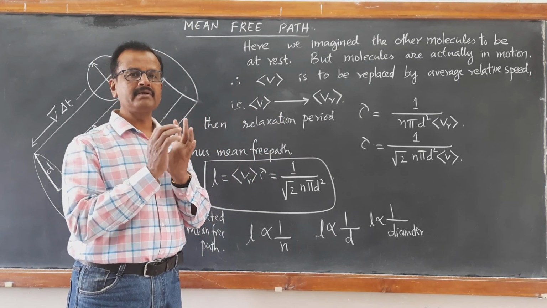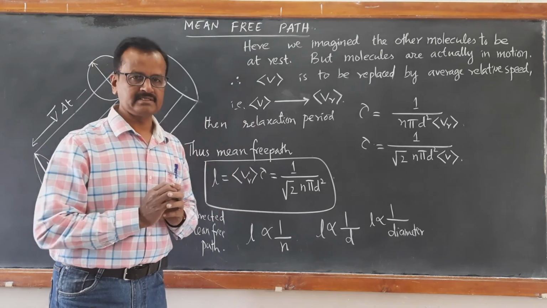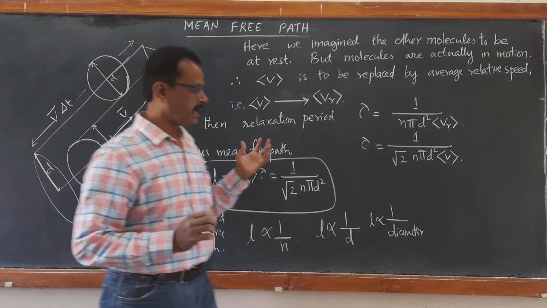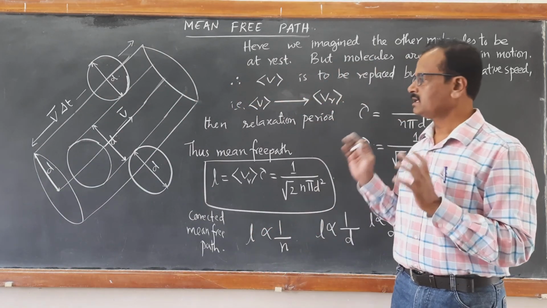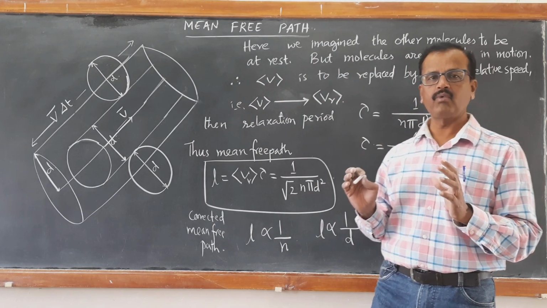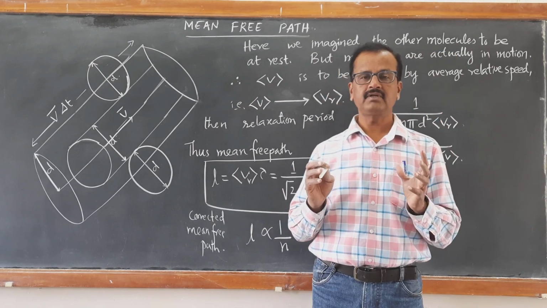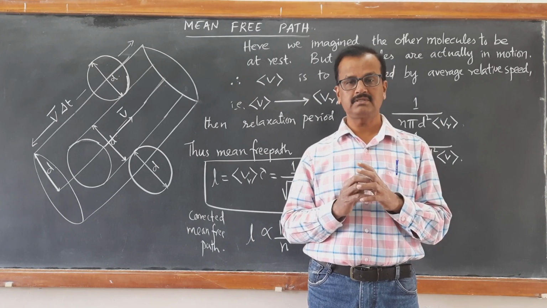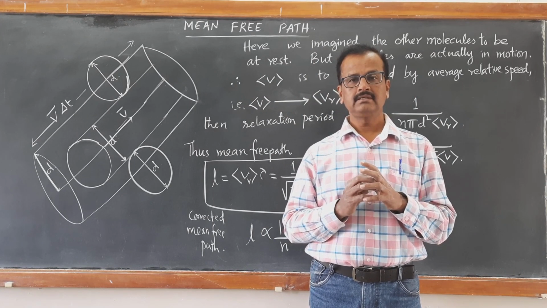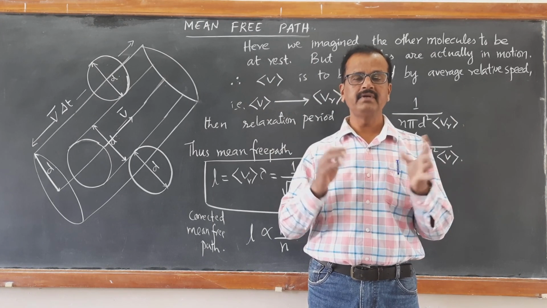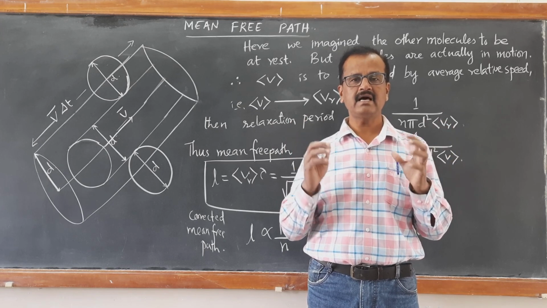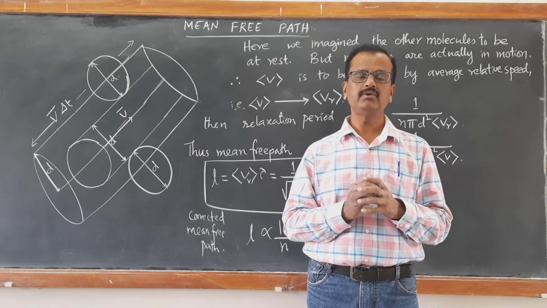Less is the probability of diffusion of such gases. This is how the calculation of mean free path helps us understand why it is so difficult for the gas molecules to disperse into the air if the gas molecules are dense, with a large number of molecules per unit volume.